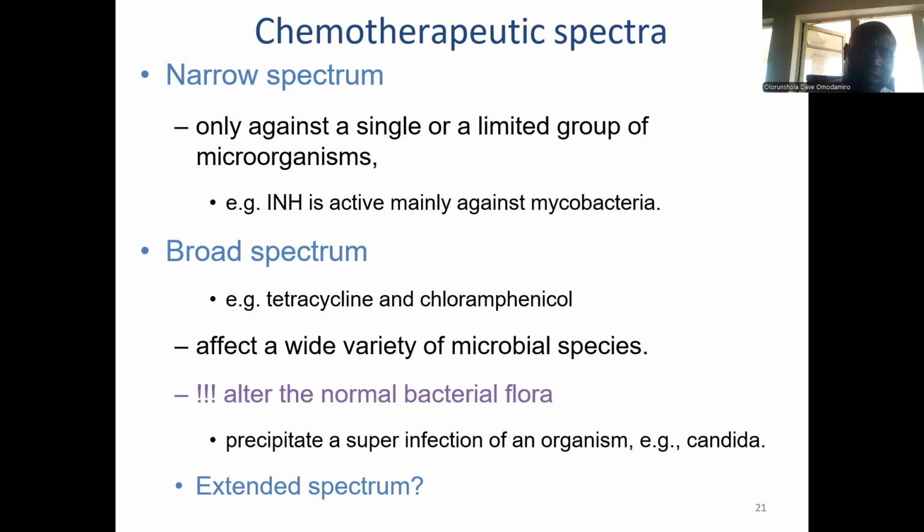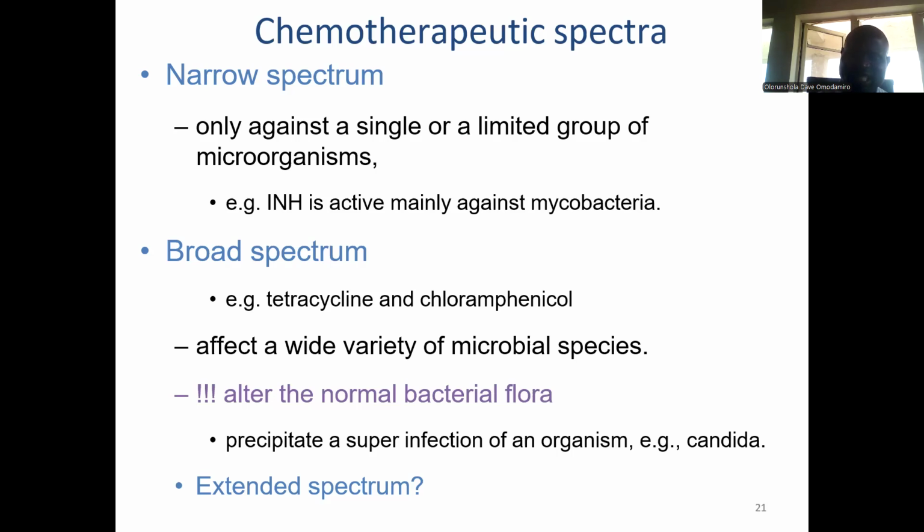A good example is tetracycline and then chloramphenicol, which affect a wide range of microbial species. One of the disadvantages of this broad spectrum is that they alter normal bacterial flora, which ends up precipitating what we call superinfection of an organism, especially Candida albicans.